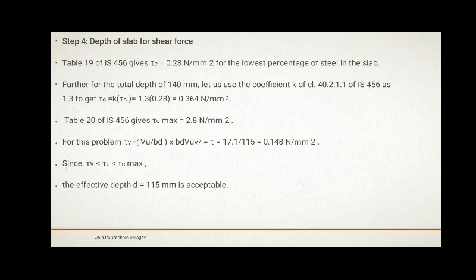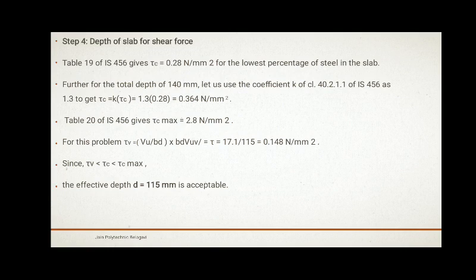Now let us use the coefficient K from IS 456 as 1.3 to get tau c equal to K into tau c. Substituting, we get 1.3 into 0.28, the value we get is 0.364 Newton per mm square. Now from table 20 of IS 456, tau c max is equal to 2.8 Newton per mm square.